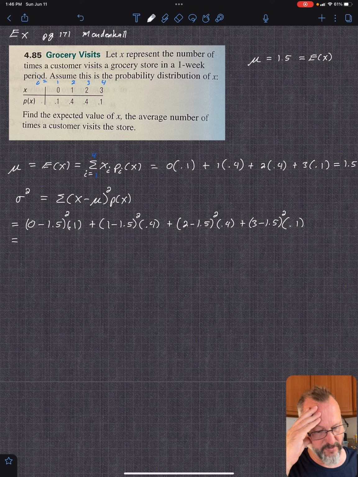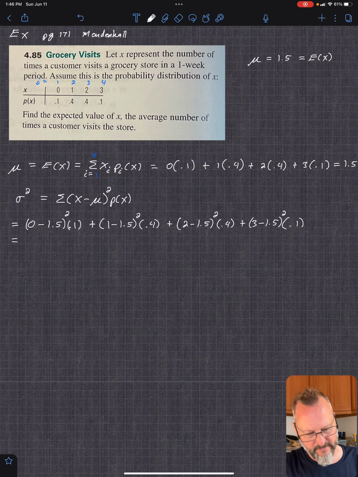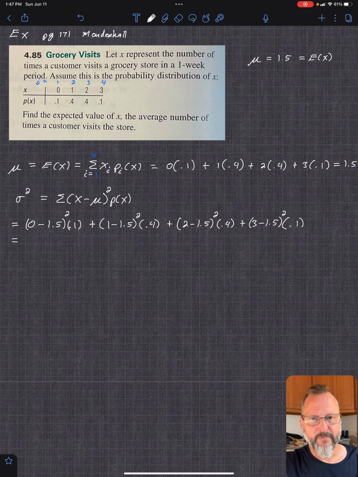So 1.5, you're squaring that, and then you're multiplying by 0.1. And then you're going to subtract 1.5 and 1, and then you're squaring that. You're going to multiply by 0.4. We get 0.1. So I get 0.225, 0.1.